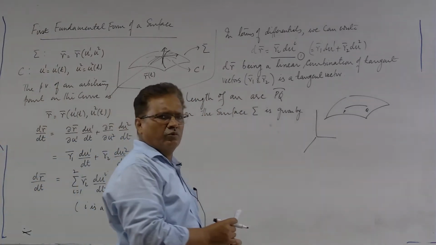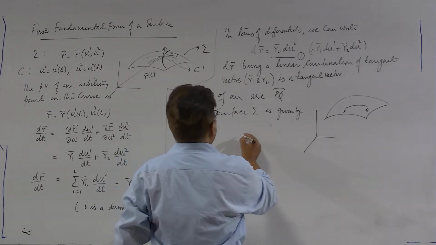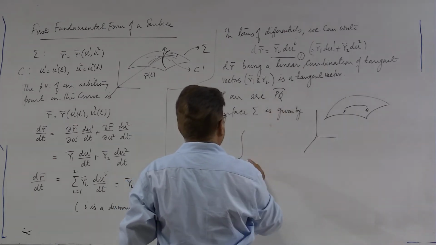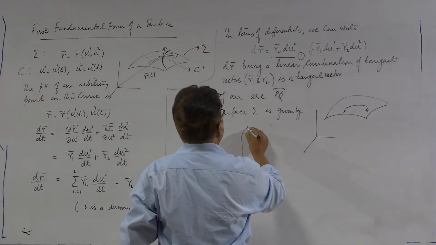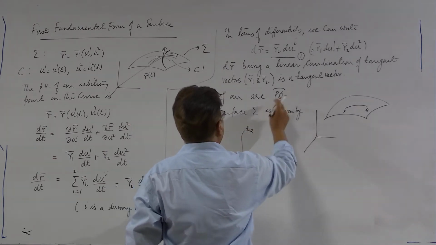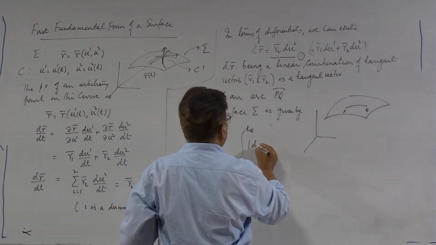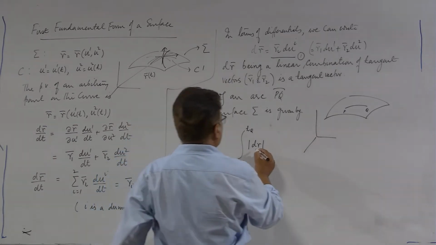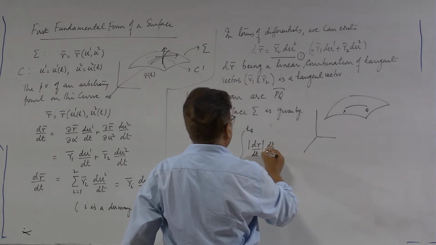So we have a formula for finding the arc length of a curve. Suppose the parametric value corresponding to P is t_P and the parametric value corresponding to Q is t_Q, and this is r dot, which I am writing just dr. If you wish, you can put dt also, when you differentiate and integrate with respect to t.